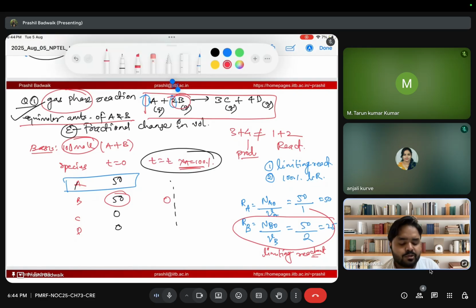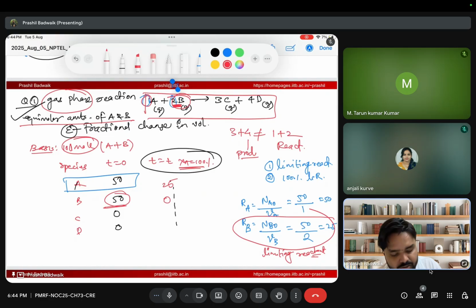Now from the reaction you can also calculate, if 2 moles of B react, 1 mole of A reacts. That means the number of moles of A that reacted is half of the number of moles of B. So if 50 moles of B reacted, how much will be A? It is half, that is 25. So 25 reacted, what remains now is 25.